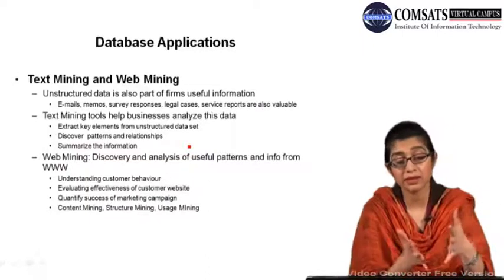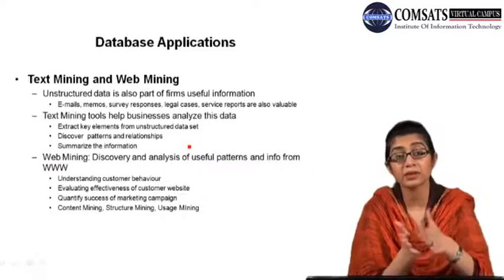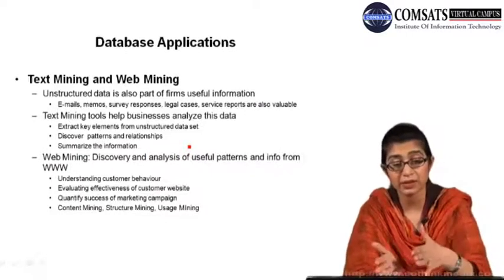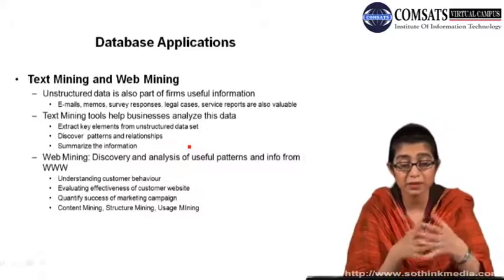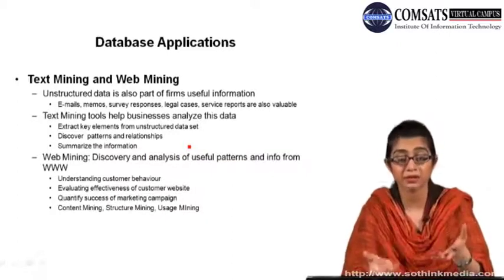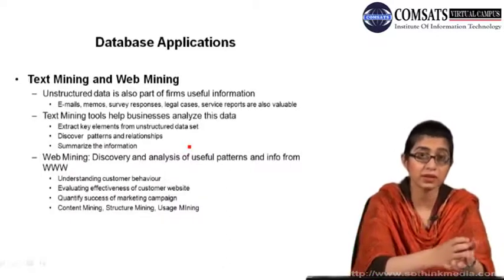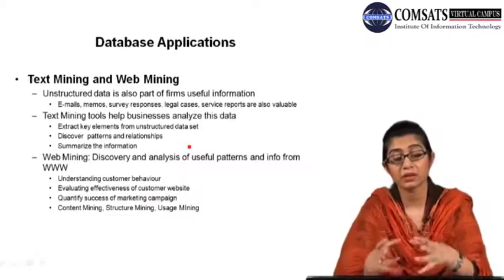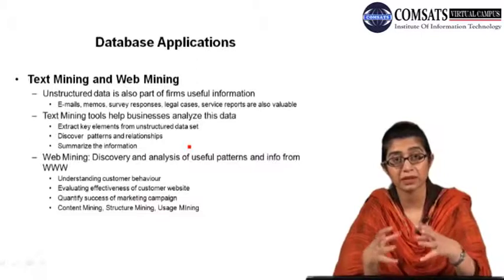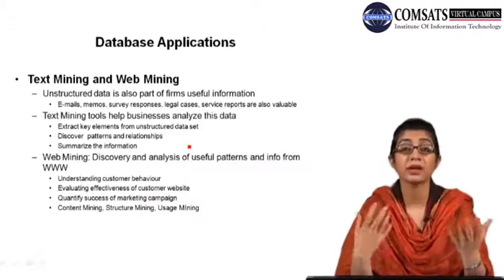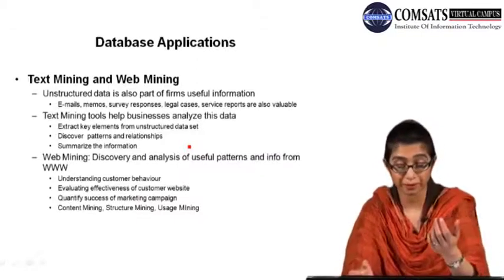अब क्या करते हैं? It extracts key elements from the unstructured data sets and discover the patterns and relationship and then summarizes the information. So there are special text mining tools जो कि उस unstructured data के अंदर से keywords निकाल के उनके अंदर patterns और relationships develop करके एक summarized information देते हैं.